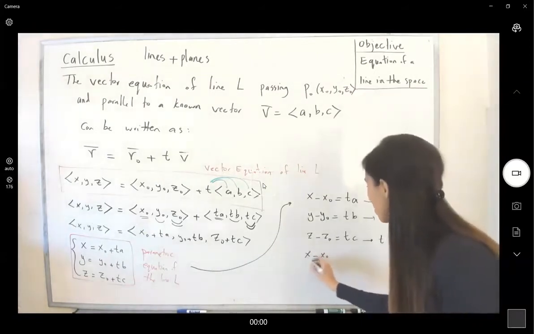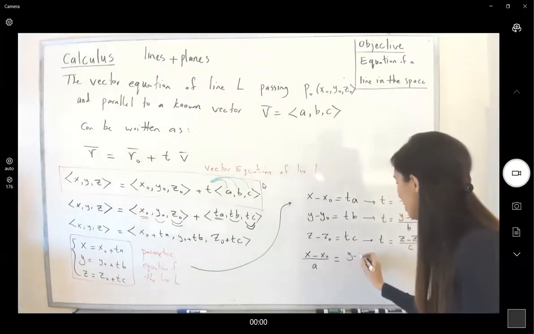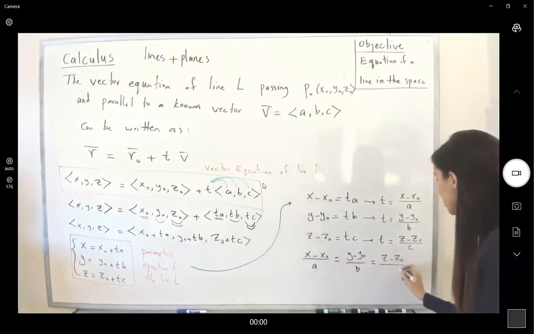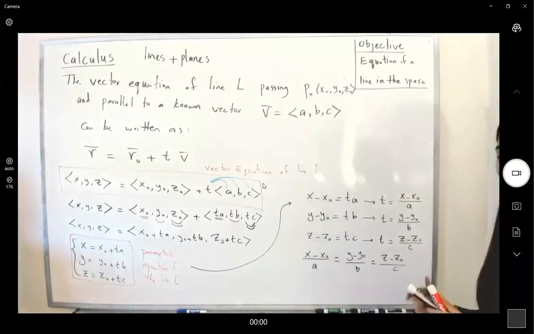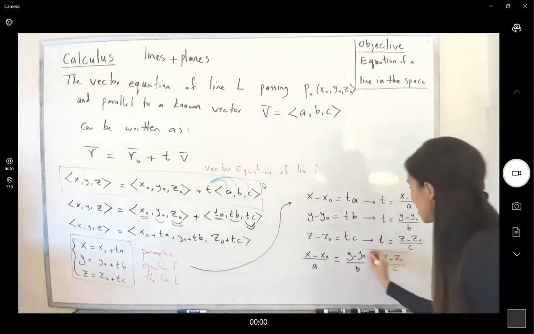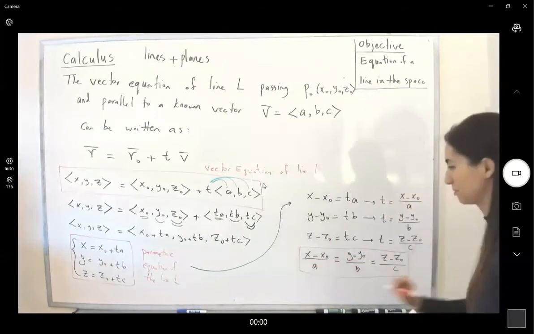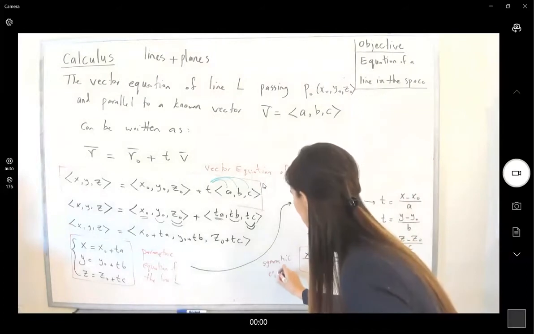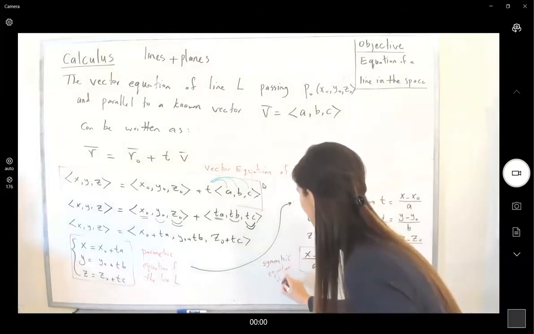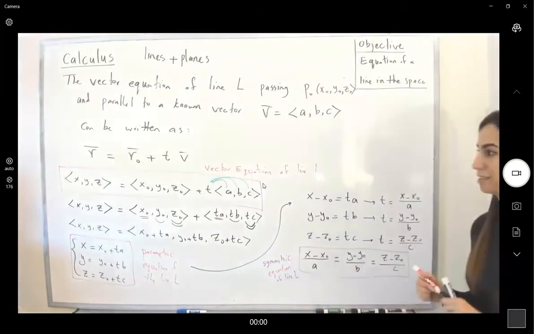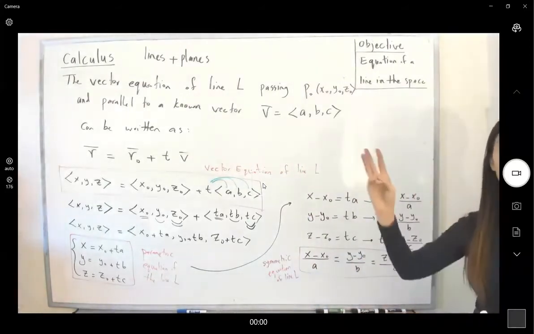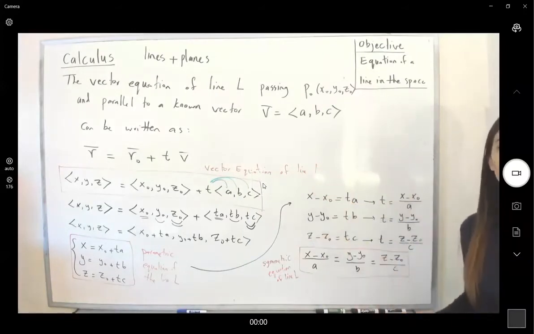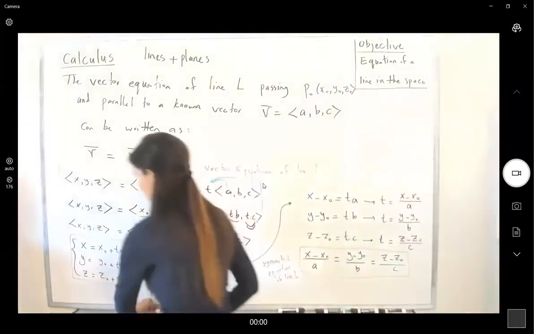X minus X sub 0 over A is equal to Y minus Y sub 0 over B equals Z minus Z sub 0 divided by C. This equation is called the symmetric equation of line L. So we define three different equations. They are all equivalent to each other for line L in this case.